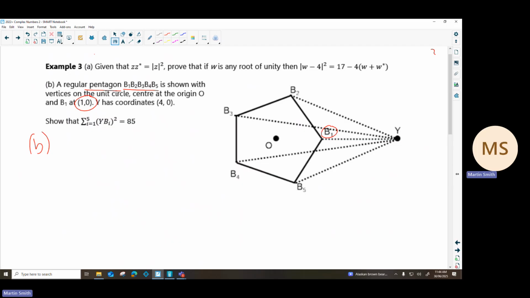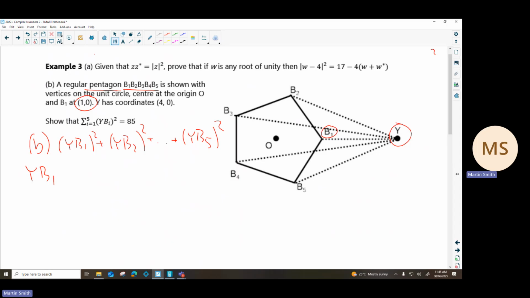So what I'm going to do is first of all understand what this expression actually means, just to make sure we're absolutely clear, and then we'll see how we can relate part B to part A. What this means is YB1 squared plus YB2 squared plus dot, dot, dot up to YB5 squared. And YB1 means the distance between Y and B1. So there's my point Y and there's B1.